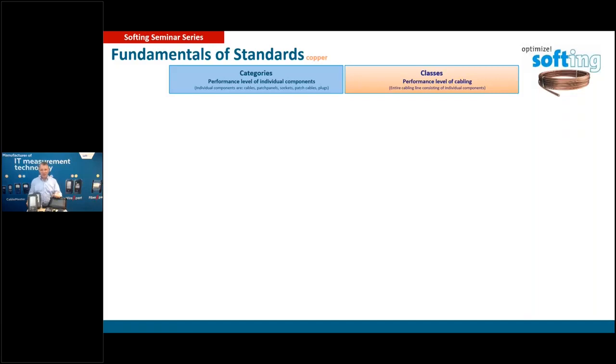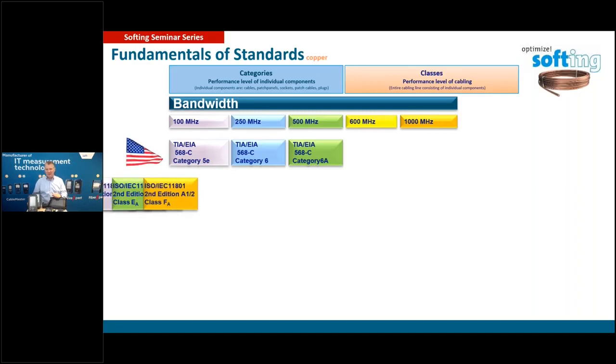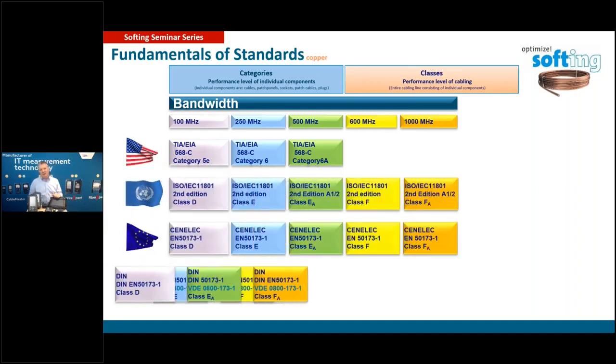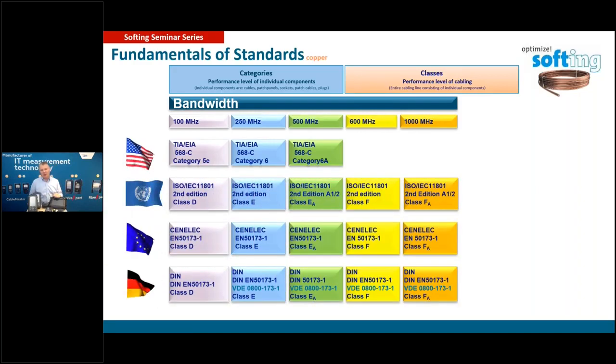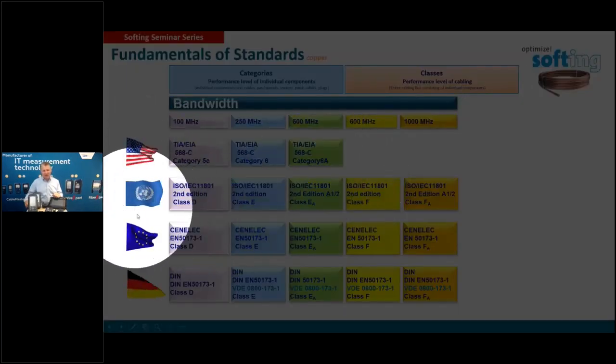That is, if you are installing all these singular components and doing cabling, we divide it into classes. So the categories and the classes differ in which maximum bandwidth you can support with your cabling. And here you see the different standardization organizations from the US side, from the international side.